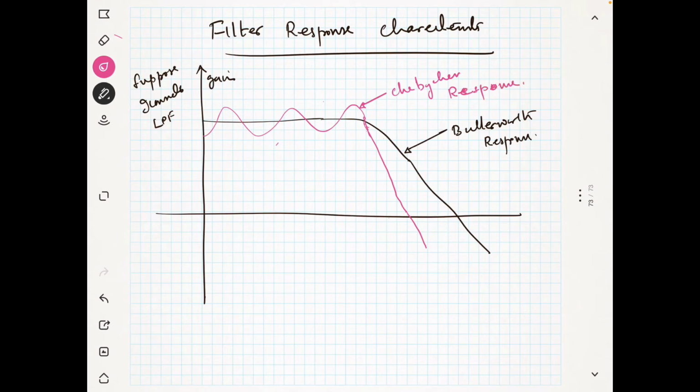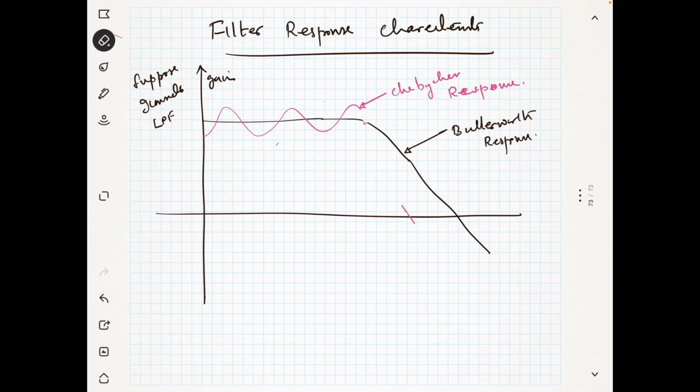And we have another characteristic which has a wider transition band, known as the Bessel characteristic. I will redraw it, since my picture is not so good.